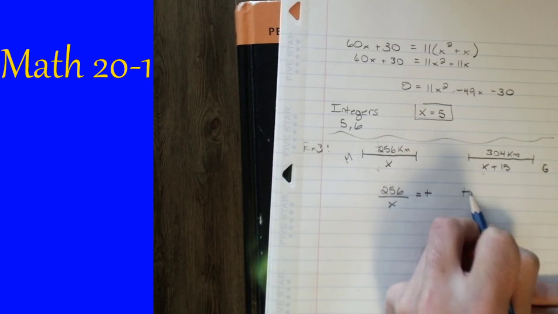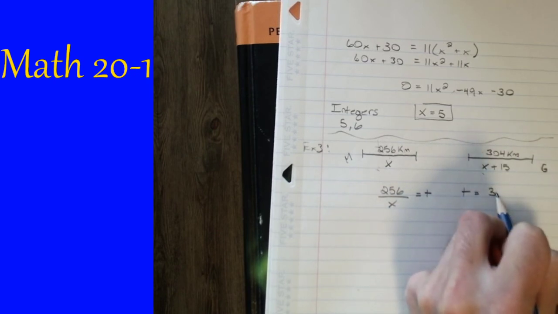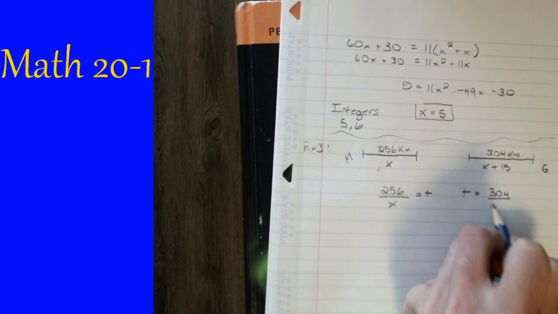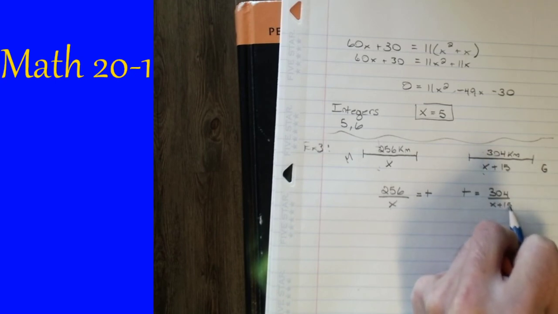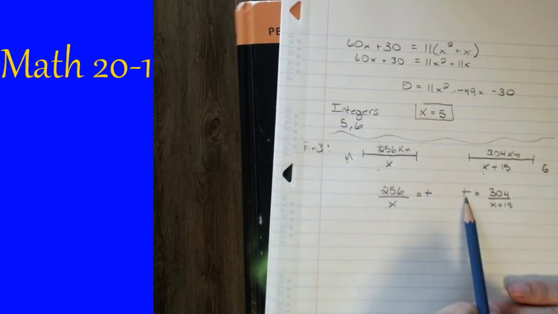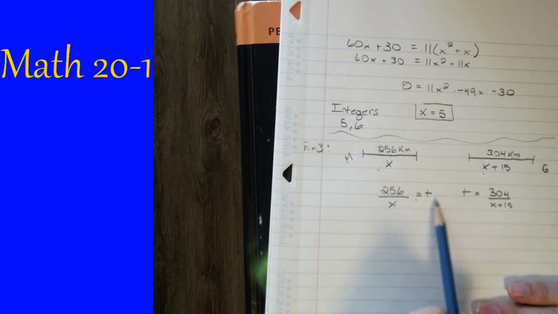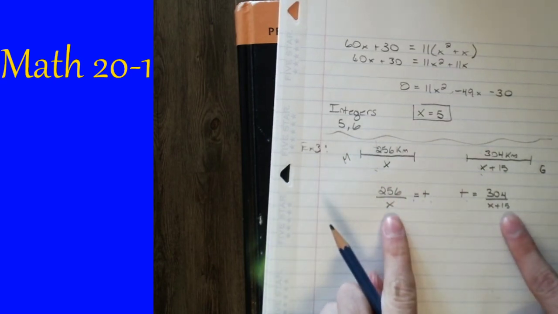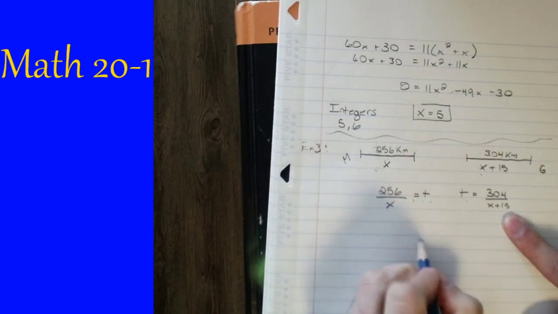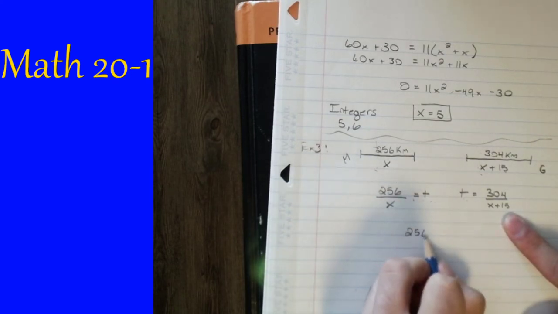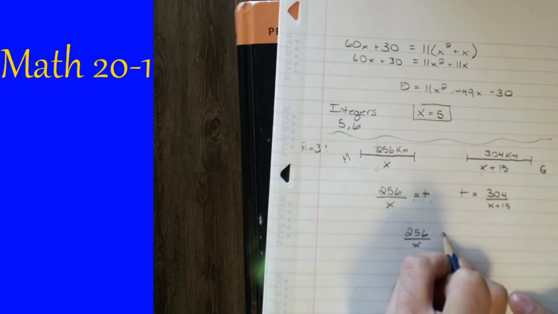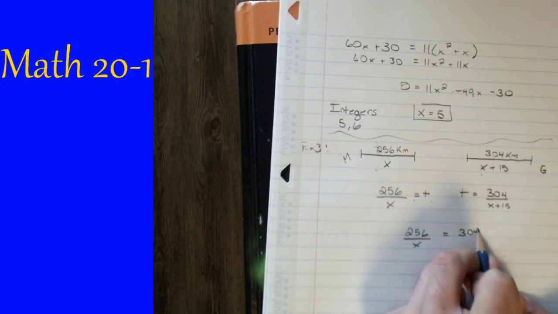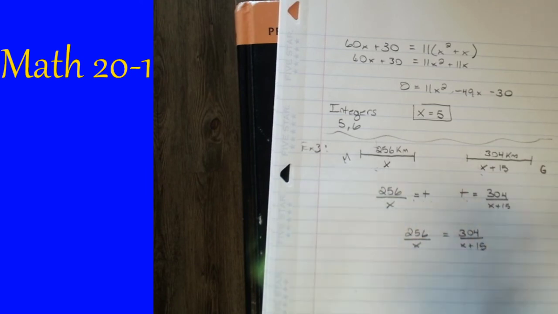And this time is represented by 304 over x plus 15. Well, it turns out that these two times are exactly the same. So, in fact, these two expressions are equal to each other. So 256 over x is equal to 304 over x plus 15. And now we go ahead and we solve this.